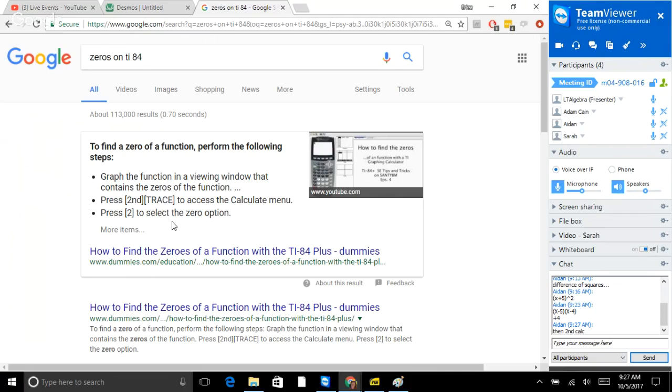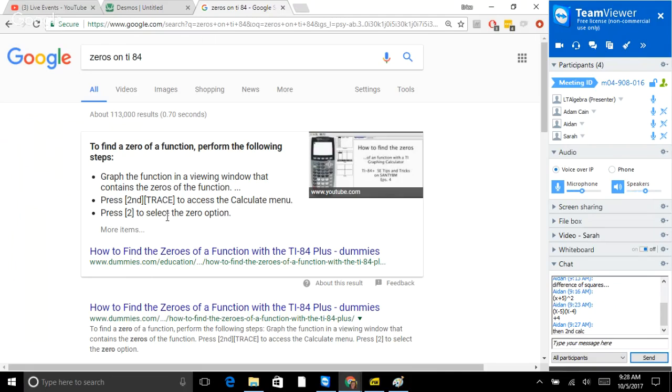It will actually tell you what your zeros are. You can also just trace along and try to get really close to 0, but this will tell you what the exact zeros are, which is nice.